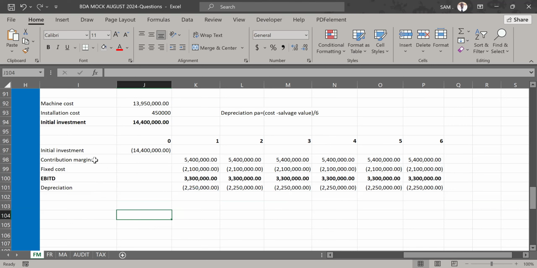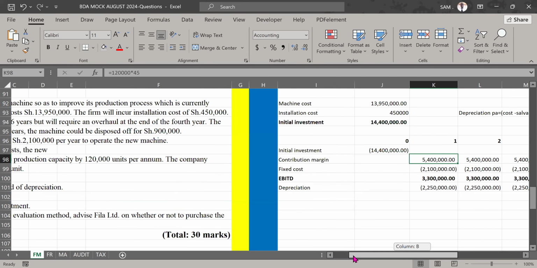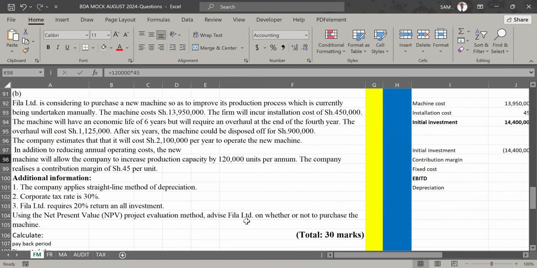Now let us get there. We started by computing contribution margin. I hope you remember how we did contribution margin. We have been given by the examiner that this new machine will improve production capacity, and it will make the company realize an increase in production capacity by 120,000 units per annum.